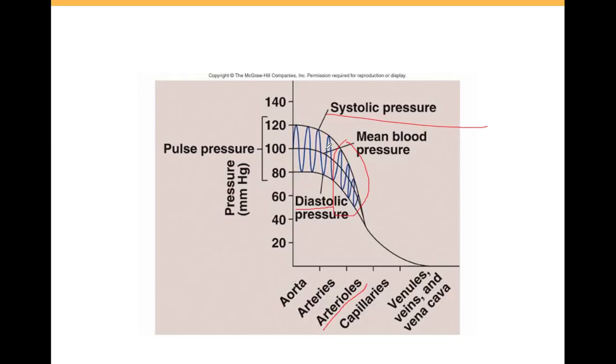Now, the second thing I also mentioned, but to review: when I talk about drop in pressure or creating high resistance, we're talking about arterioles. But if I talk about velocity, and it's not present on this chart, how fast blood passes through your blood vessels, the lowest velocity would be present inside your capillaries, because that's where the exchange happens.